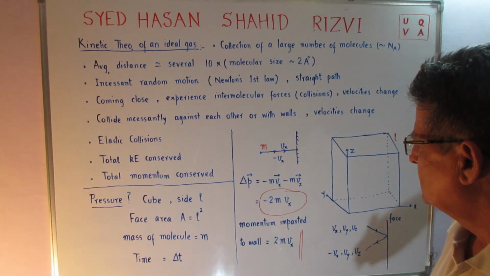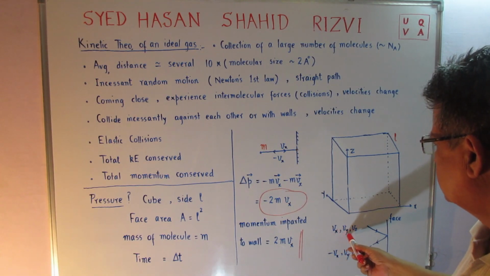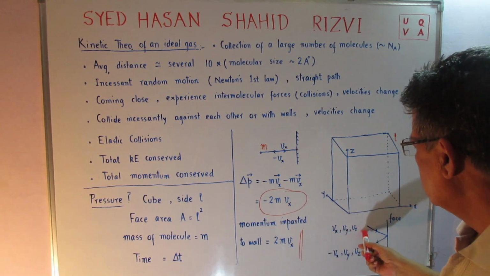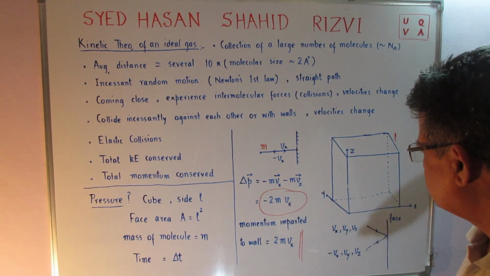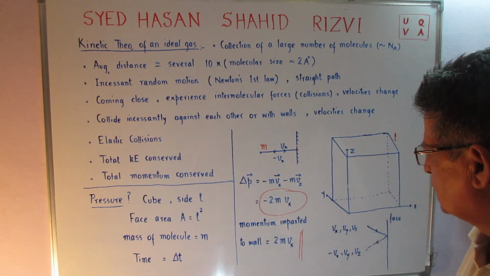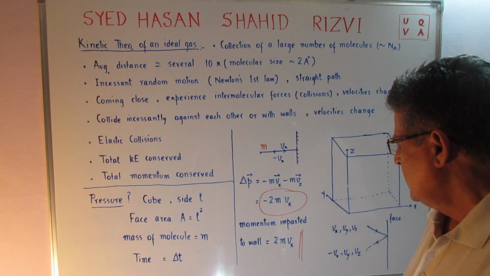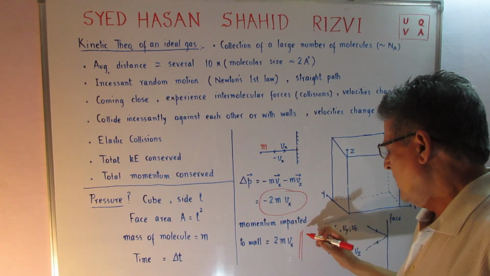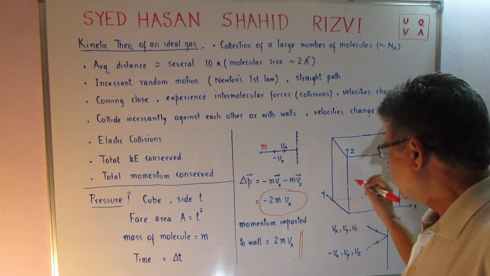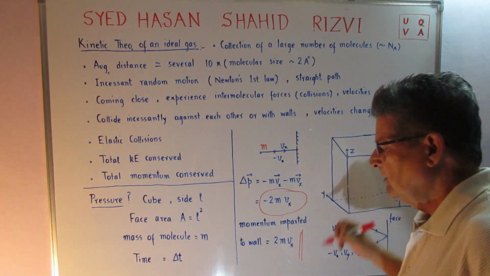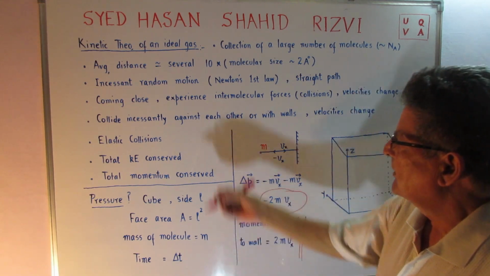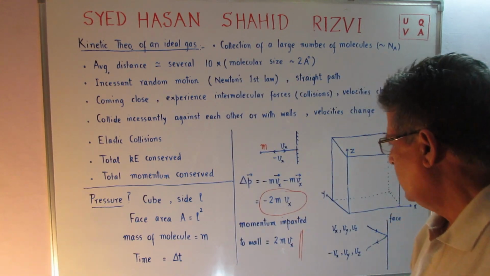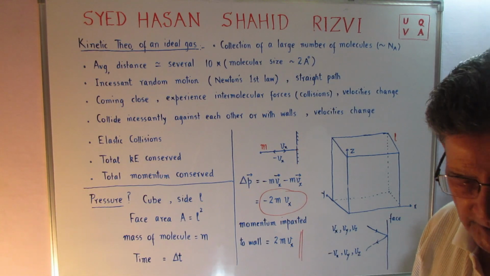So for the set of velocities Vx, Vy, Vz, all the 6 faces allow us to have the same kind of physics, and we obtain the same pressure on all the walls of the container. This is what I am going to follow in the next few moments.